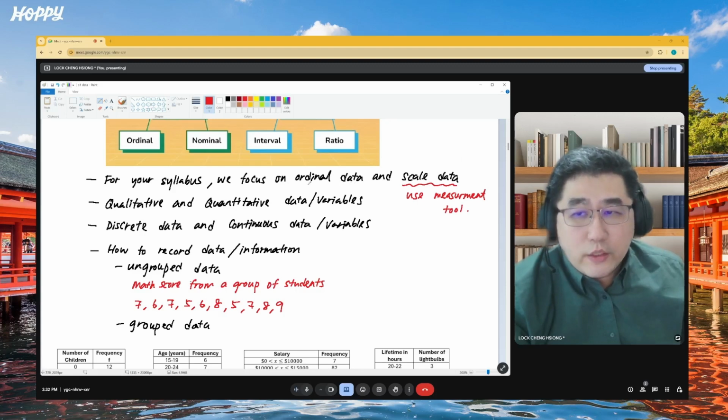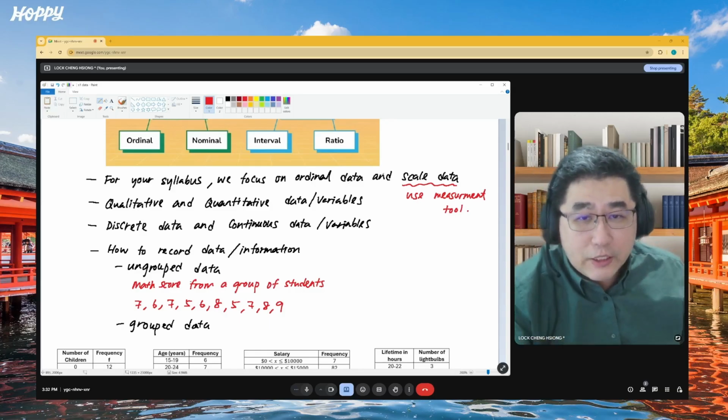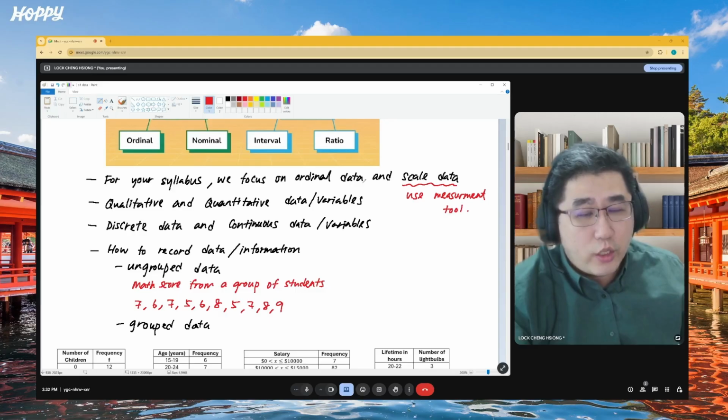How do we categorize ordinal data and scale data? Ordinal data, you have an order. So let's say in the scale of 1 to 10, you clearly say 1 is the smallest and 10 is the highest.